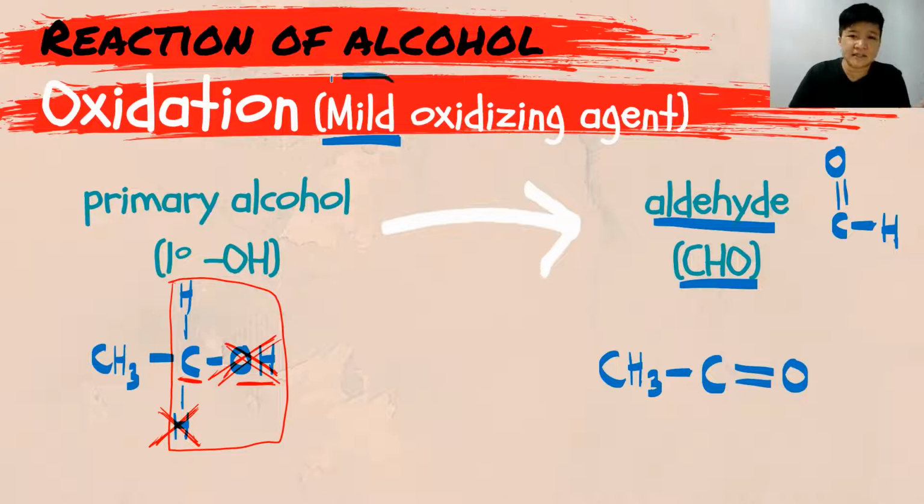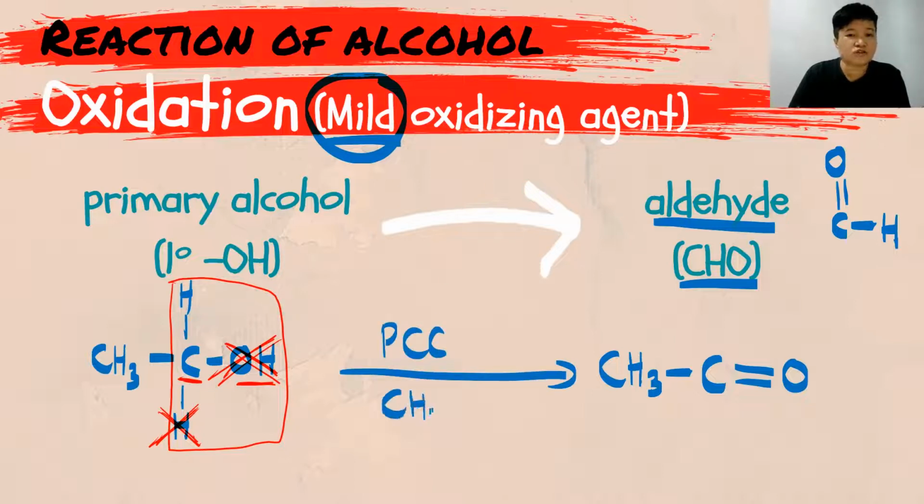And since it's only a mild oxidizing agent, the PCC that you use in this process is not strong enough to oxidize everything because it's only mild. It's slightly weaker. So when it's not strong enough, you cannot oxidize this hydrogen. As a result, the hydrogen will remain unchanged.